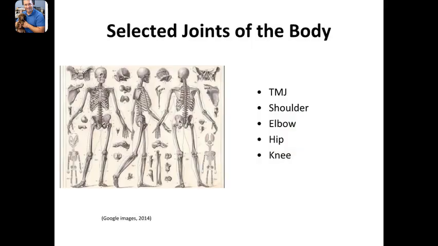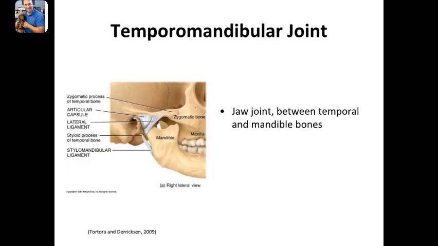Your temporomandibular joint is the jawbone. This is where the condyle of the mandible is going to fit into the fossa of the temporal bone. Mandibular condyle, mandibular fossa, and muscles attaching to it. Notice we've got a styloid process here with a stylomandibular ligament attaching.